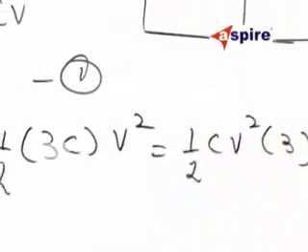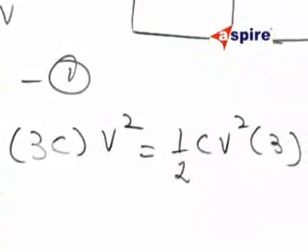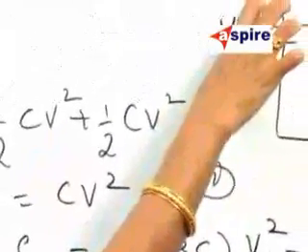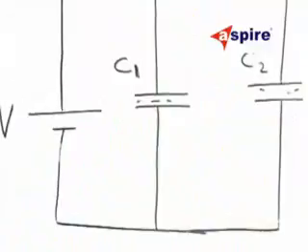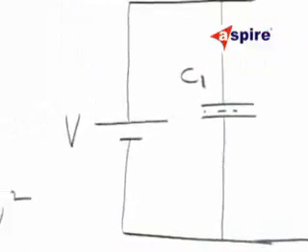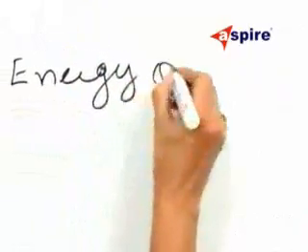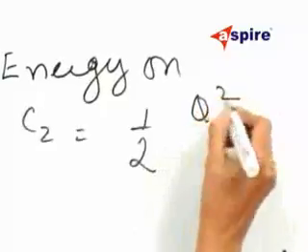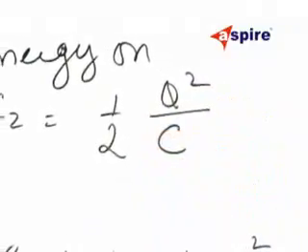Now, this is for C1. What about C2? C2 is no more in connection with the supply voltage, but it has been charged, so it has a charge Q. So the energy on C2 after opening the switch is half Q square by C dash.